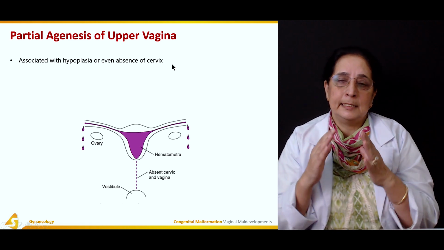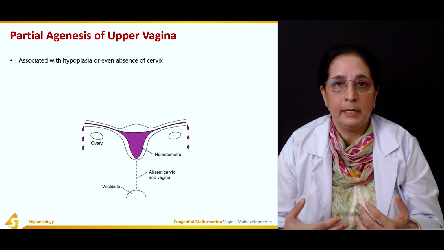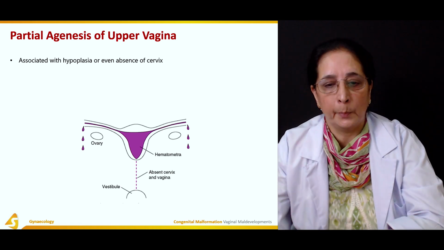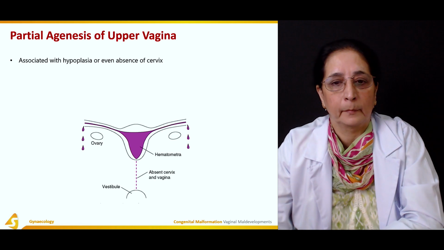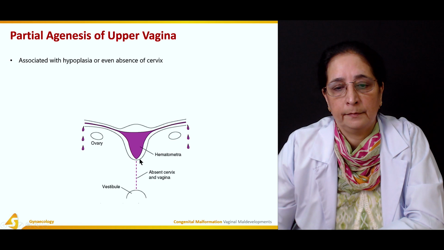Hypoplasia: the cells do not develop or grow properly, so it leads to hypoplasia. And there is absence of the cervix and agenesis of the upper vagina.